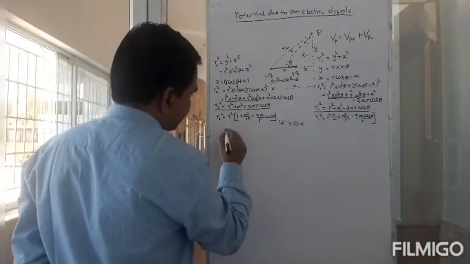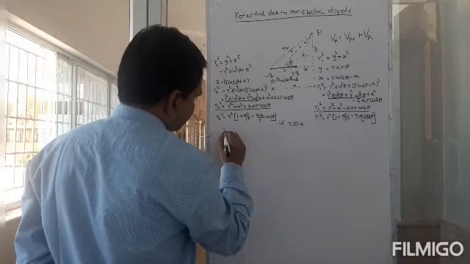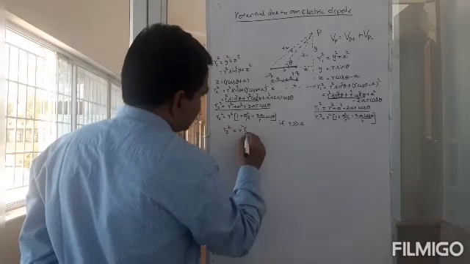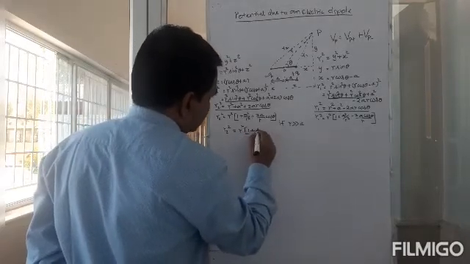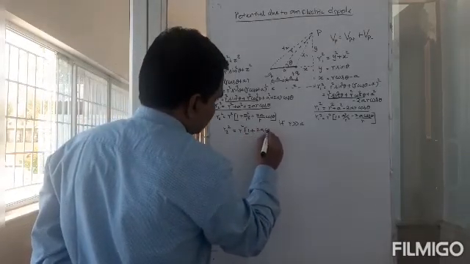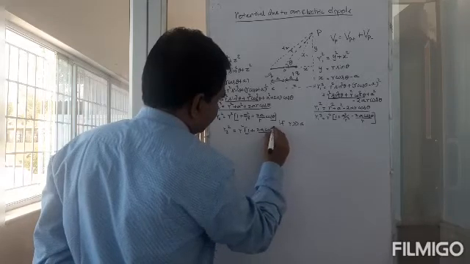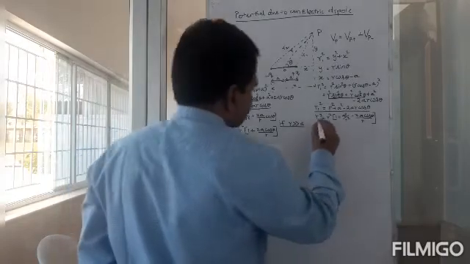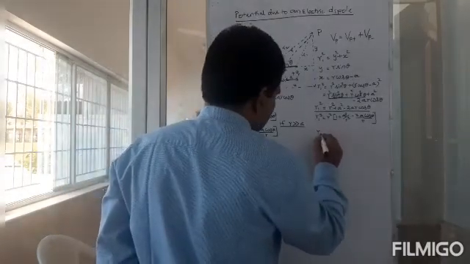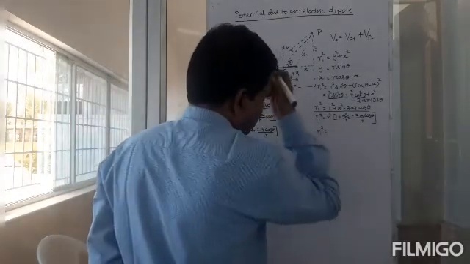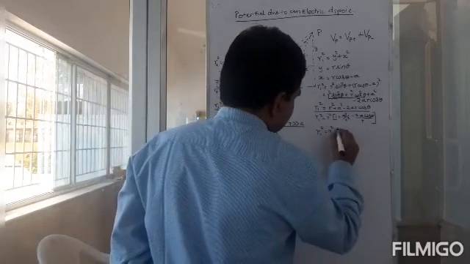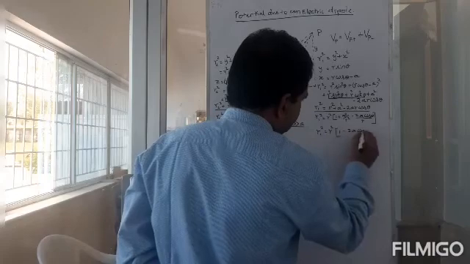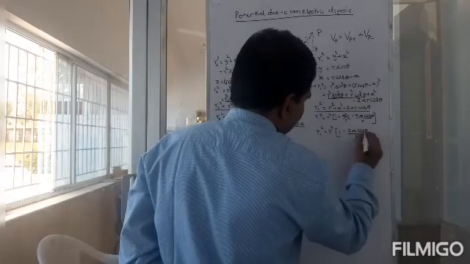So I will say that r2 squared is equal to simply r squared into 1 plus 2a cos theta by r, if r is much greater than a. Likewise, r1 squared is equal to r squared into 1 minus 2a cos theta by r.